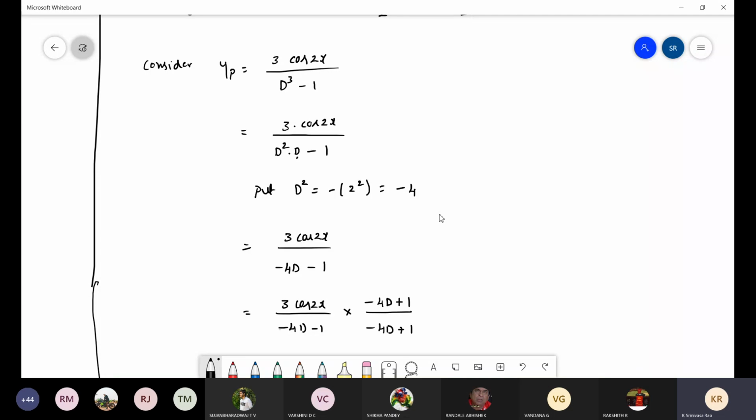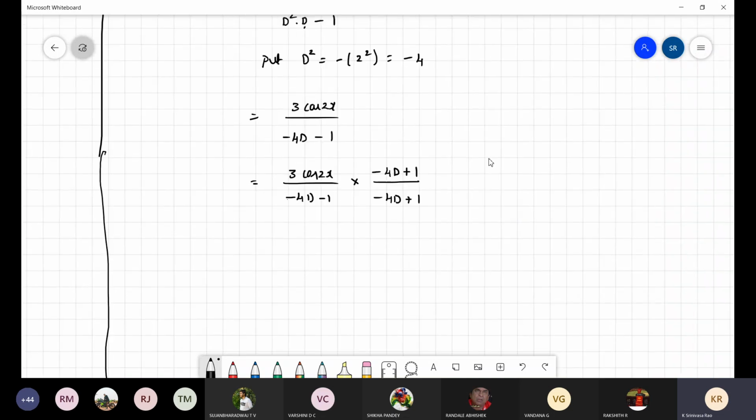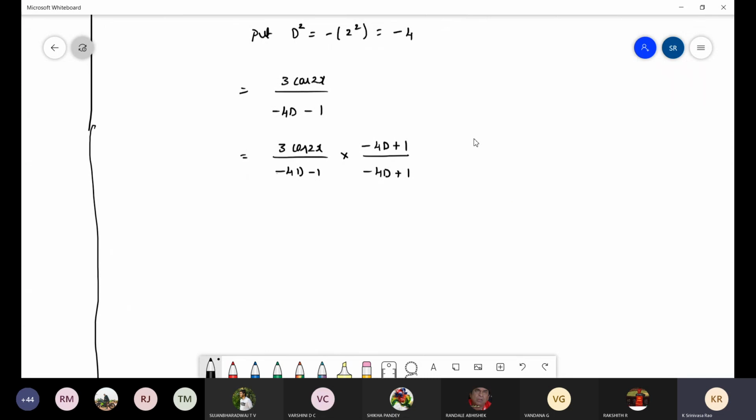So use the same rationalization procedure. The factors in the denominator are always a minus b and a plus b, and in the numerator you just interchange the term: minus 4d plus 1 multiplied by 3 times cos 2x, divided by minus 4d whole square. I will write directly: minus 4d whole square is 16d square minus 1 square is 1.